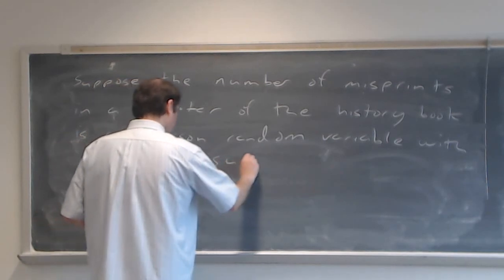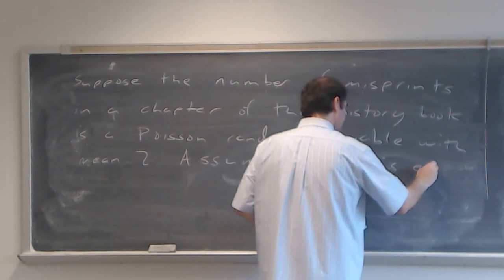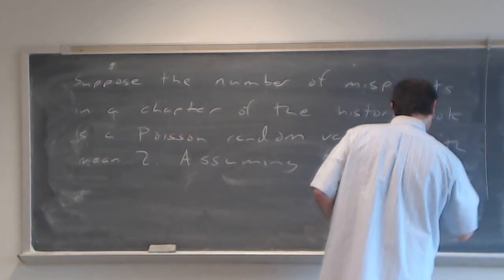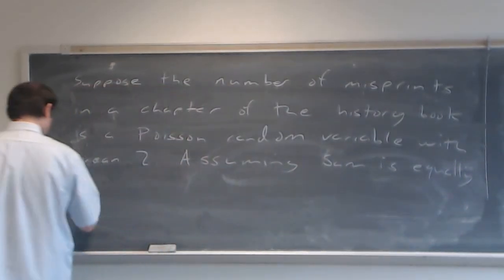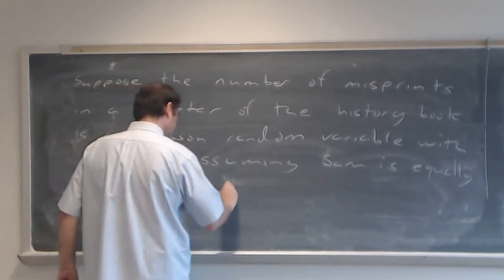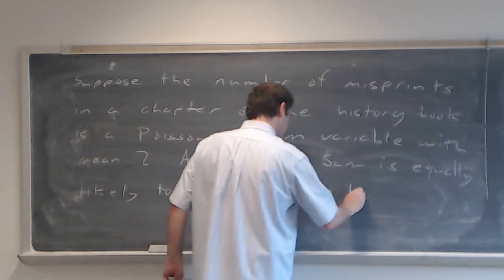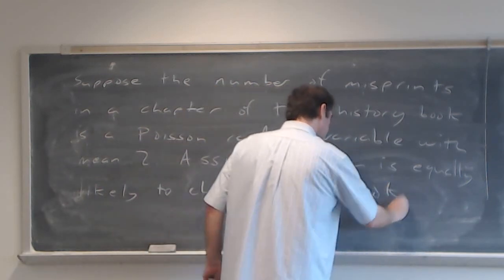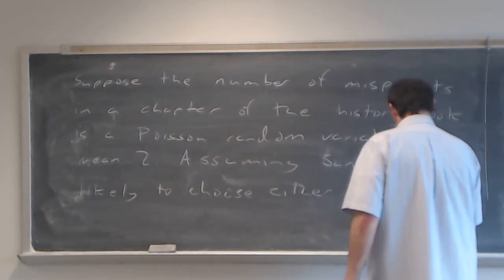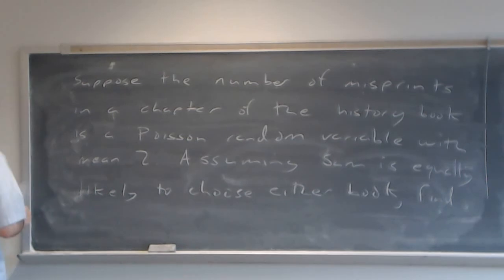Okay. Assuming Sam is equally likely to choose either book to read, find the expected value of mistakes, misprints, if you will.